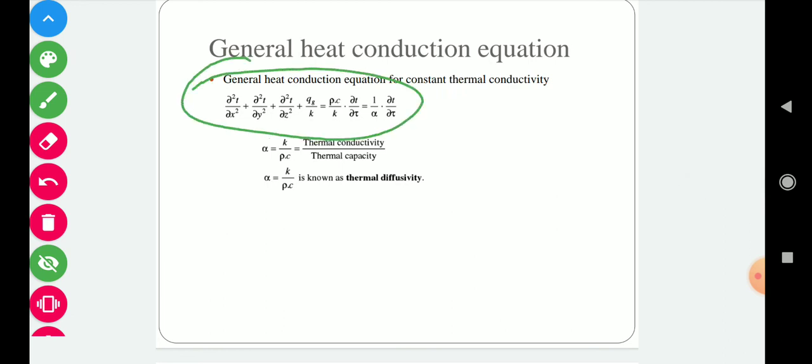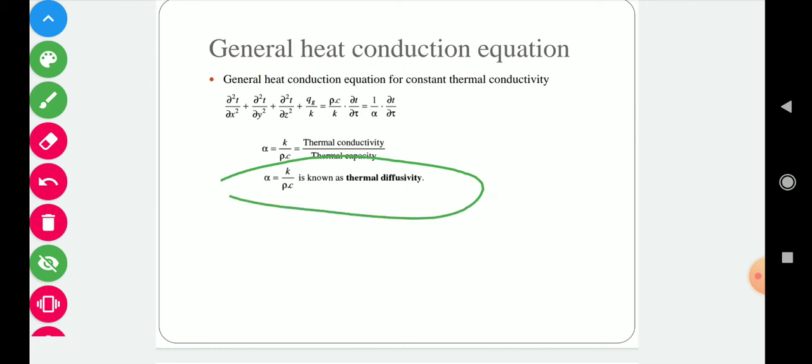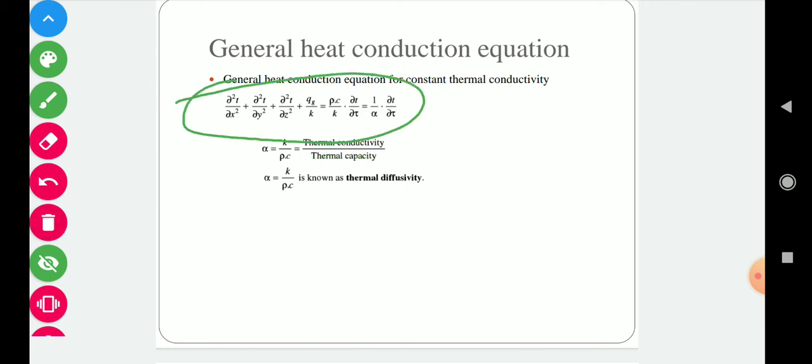Here alpha is called thermal diffusivity, which is equal to k upon rho c, that is, thermal conductivity by thermal capacity. This k upon rho c is known as thermal diffusivity. So this is our generalized equation for heat conduction for Cartesian coordinates.